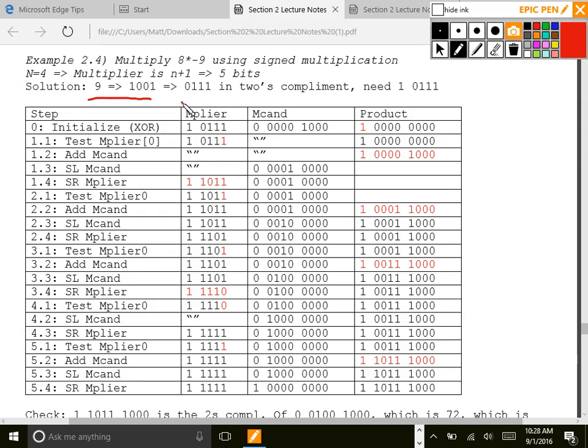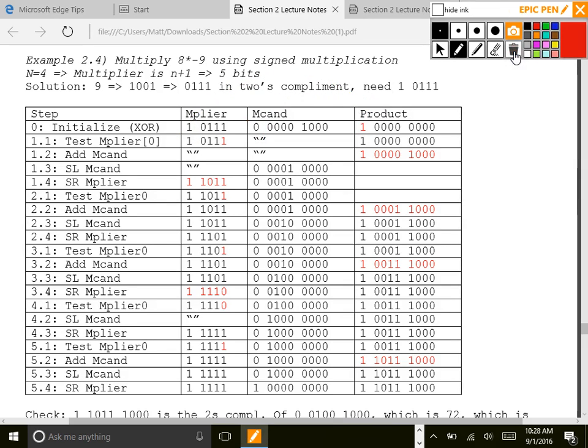So we do the 2's complement, and that becomes 1, 0, 1, 1, 1. And so our step 0, if we go back to our algorithm, the first thing we want to do is exclusive OR the most significant bit of the multiplier and the multiplicand, and that result becomes our new product, right?